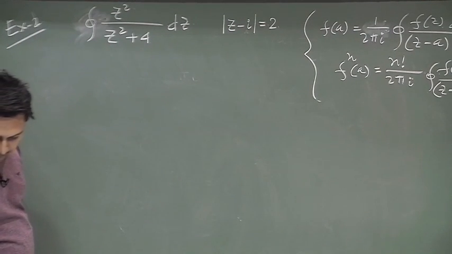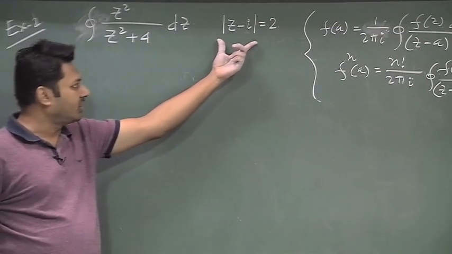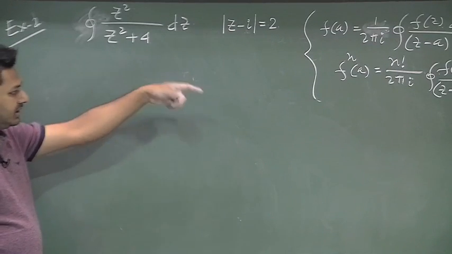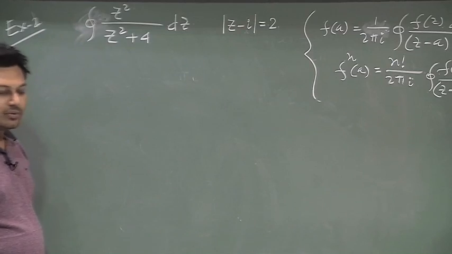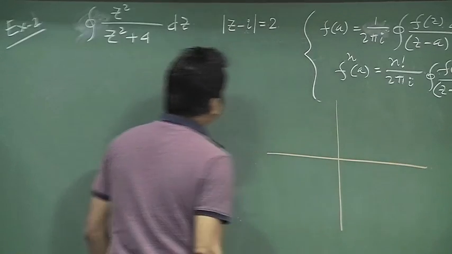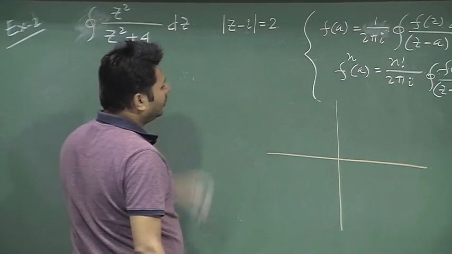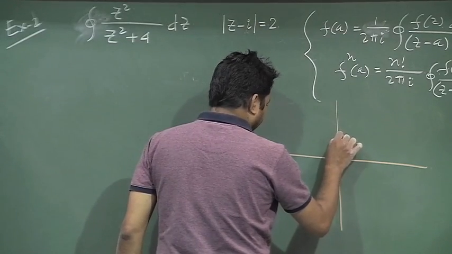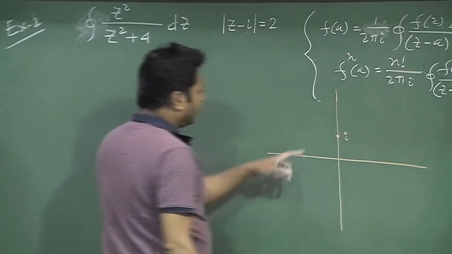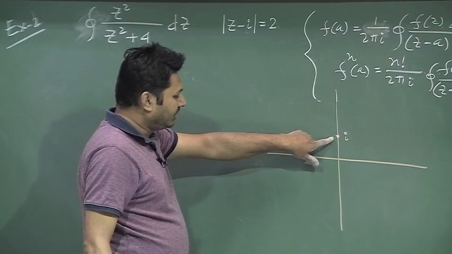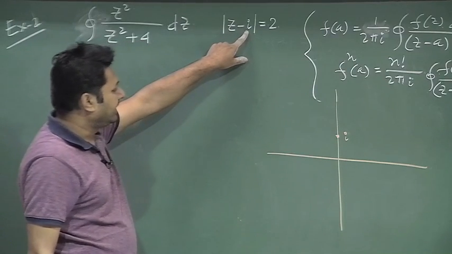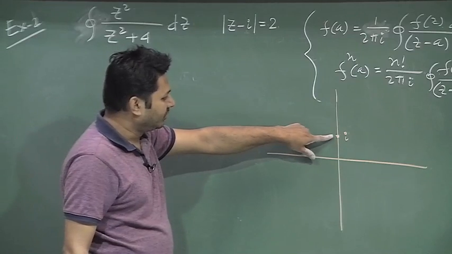So, before doing anything, first I need to draw this region, what region they are talking about, and then I need to find out where the singularity is, and accordingly I calculate using that formula. So, first the region. Let me draw the region here. Z minus i equal to 2 means my center is somewhere here. This is the point i, and I am going to encircle this point with a circle of radius 2.